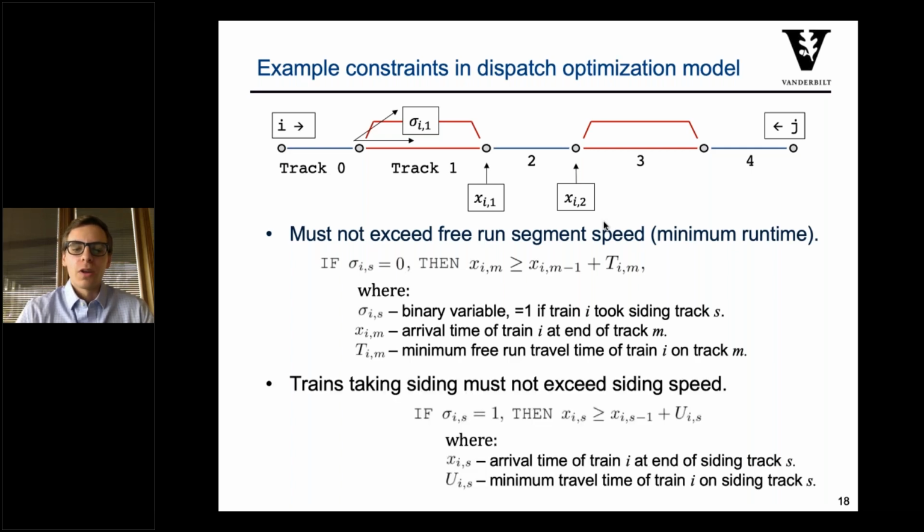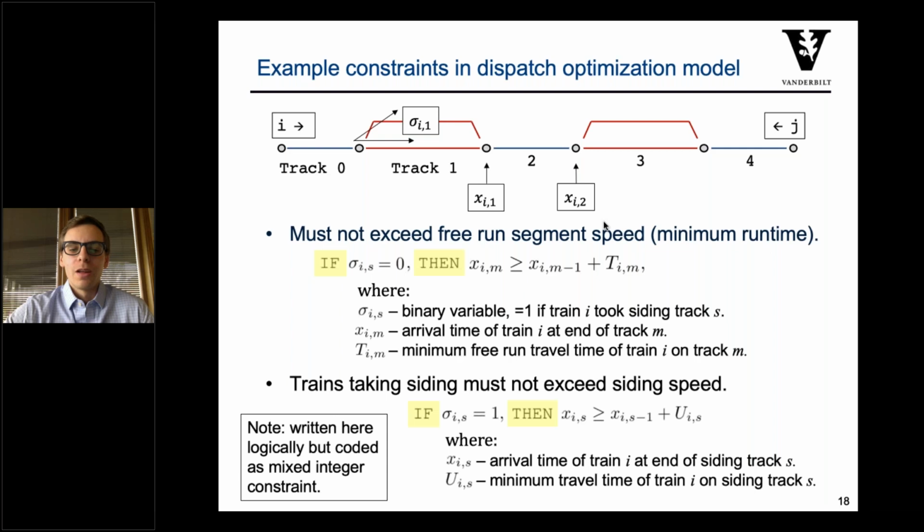And likewise, we can look at the alternative case, the converse of that, where the train I did indeed take that siding indicated by S, and in that case we just subject that train's timing points to a different minimum travel time, in this case denoted by U. So these are just 2 of the many constraints that go into this problem.